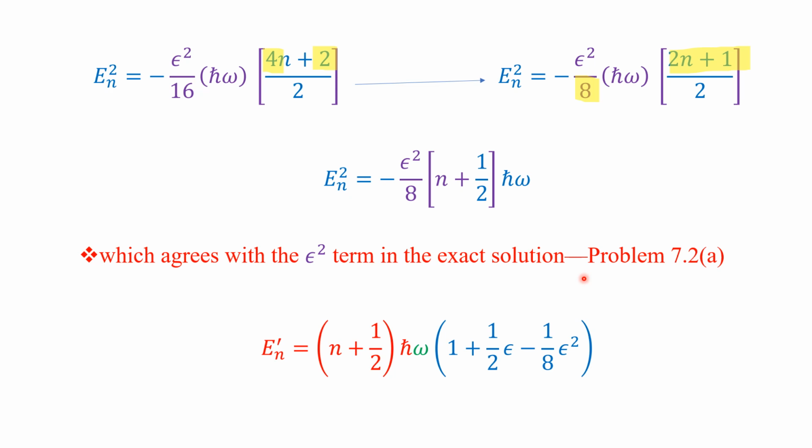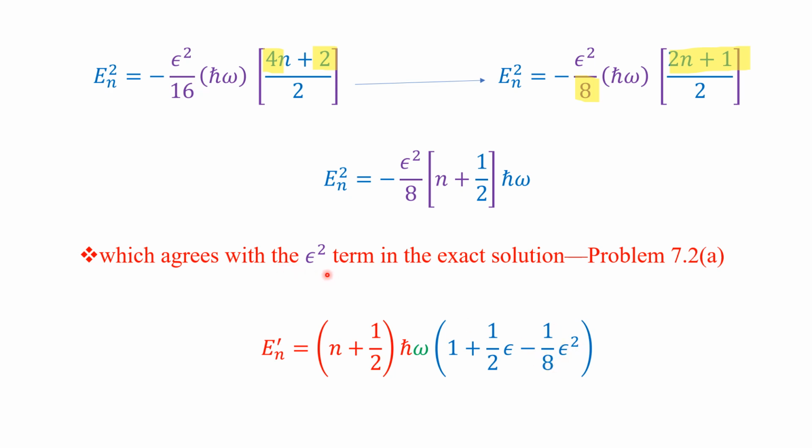We have found the exact solution in problem 7.2a, in which we found that the energy correction is n plus 1 by 2 of h cross omega. We have calculated the first three terms: plus 1 over 2 epsilon, minus 1 over 8 epsilon squared.